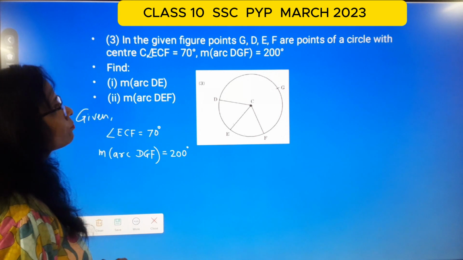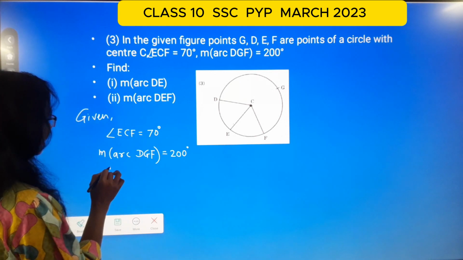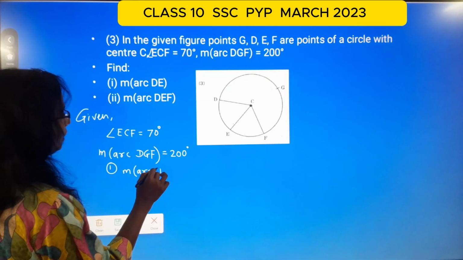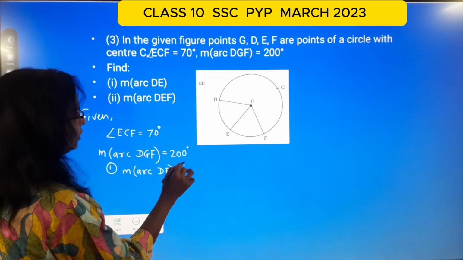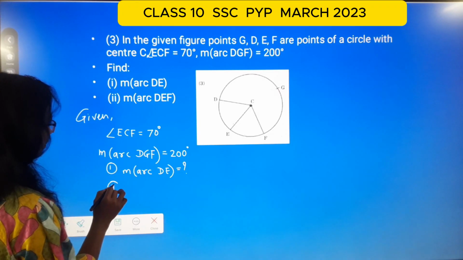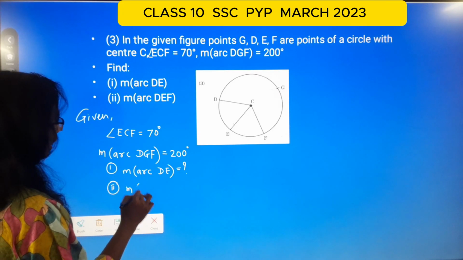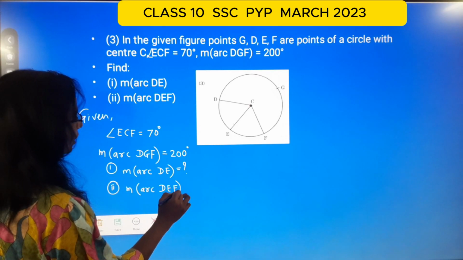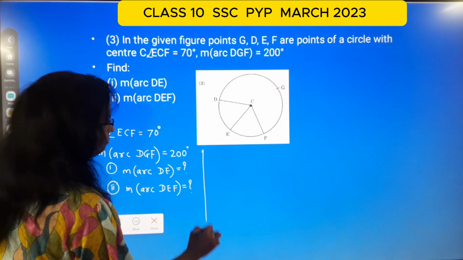Then finding out, first, here we write major arc DE is equal to question mark, and the second one, that is major arc DEF is equal to question mark.